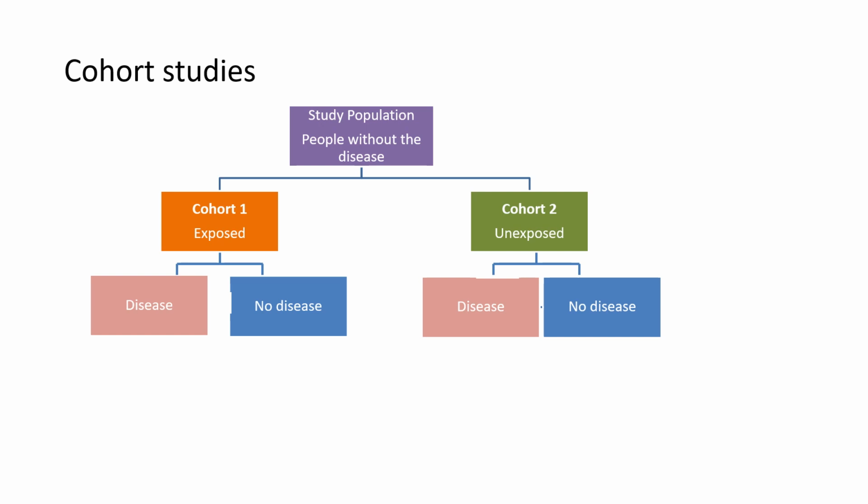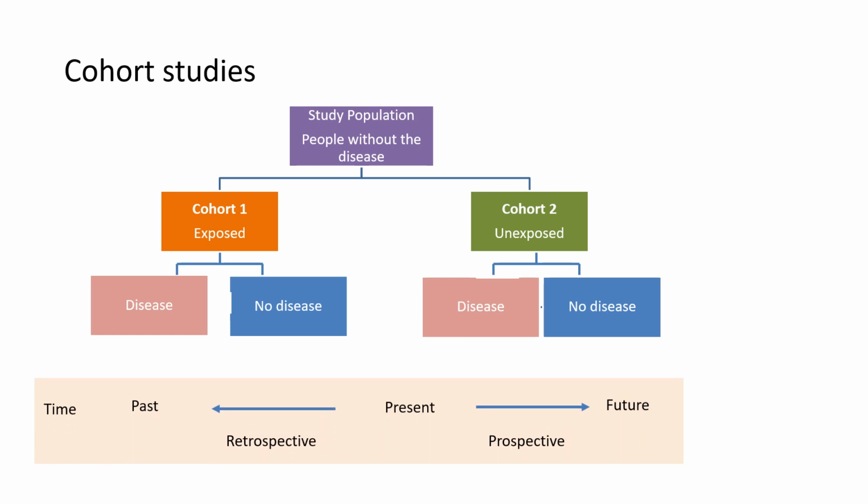So you identify a study population where people are without the disease, and you have two groups, those who are exposed and those who are unexposed. You follow them up in time to see those who would develop your outcome or disease of interest, both in the group that is exposed and in the group that is not exposed, and you compare.